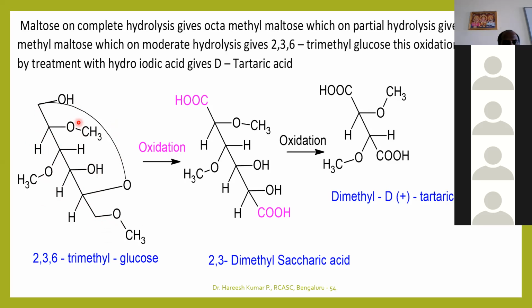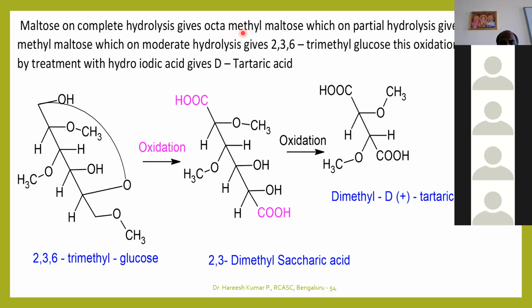How? Maltose is methylated. Maltose on treatment with dimethyl sulfate gives octamethyl maltose.